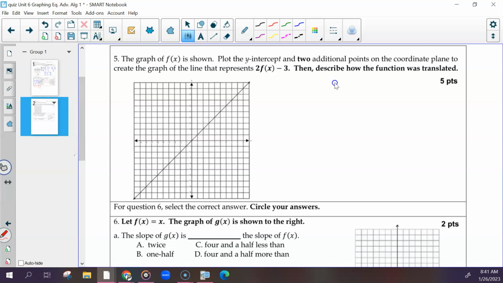So using this, the 2 out front is dealing with your slope. So that should have been the slope was steeper by 2, 2 times as steep, something like that. Okay.